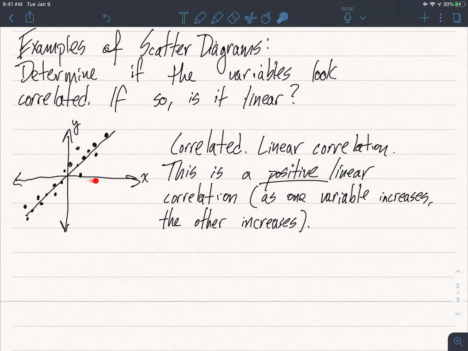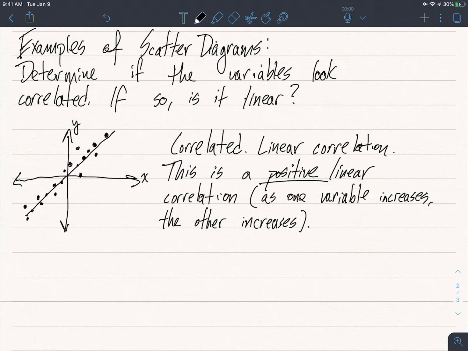Right? As we look from the left to the right, that means we're increasing x, right? Because we're going from negative values to positive. This is increasing in x. As we look from left to right, as we increase x, our y's are also going up, right? And as we look left to right, the dots are also increasing. That's what a positive linear correlation looks like, not straight up and down, but a line that increases this way.